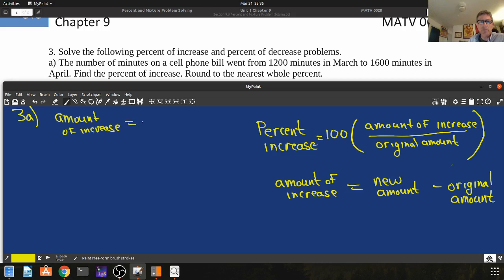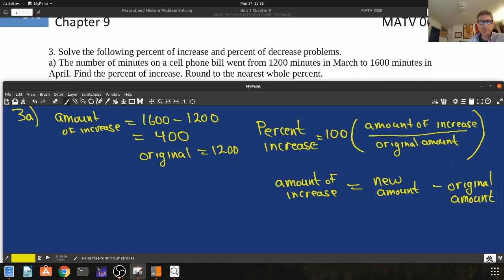Well, that's equal to the newest amount minus the original. So that's 1,600 minus 1,200, which is equal to 400. And the original amount, just to remind ourselves, is equal to 1,200.